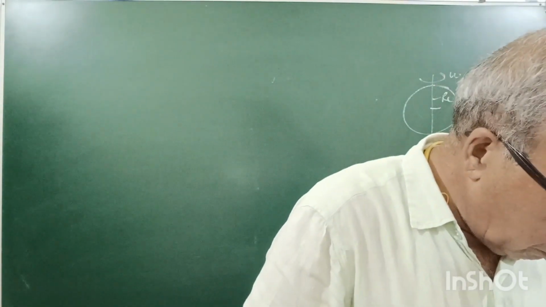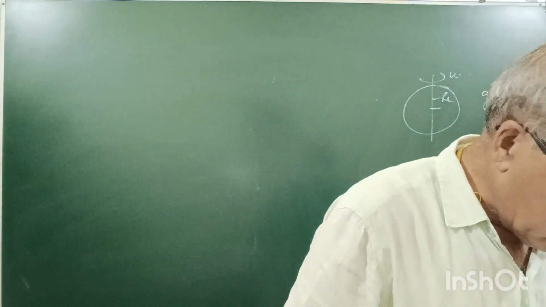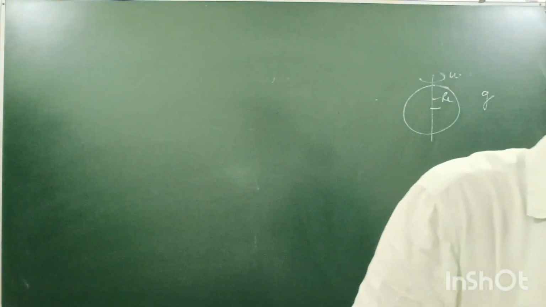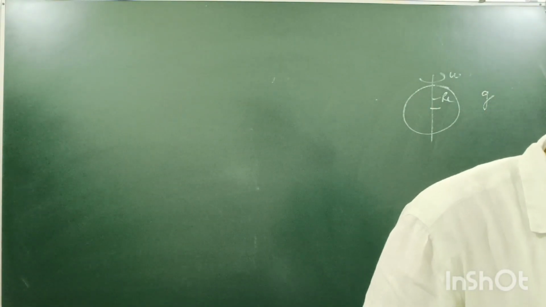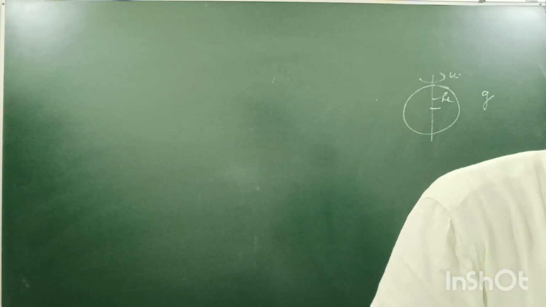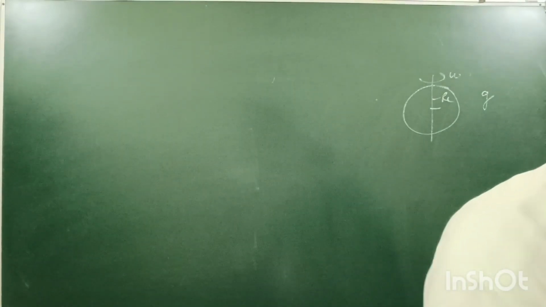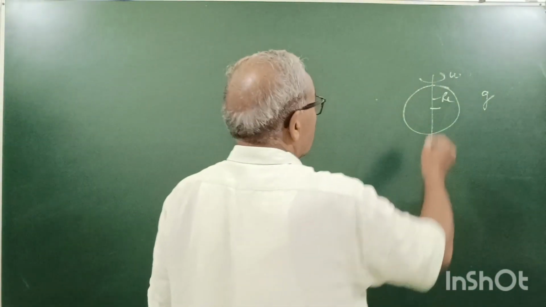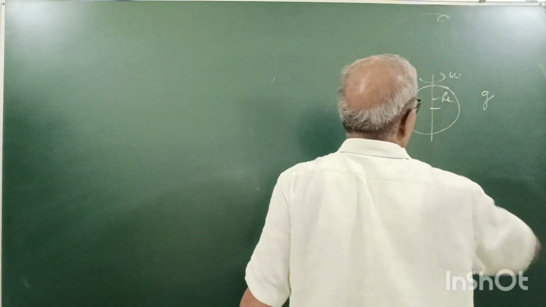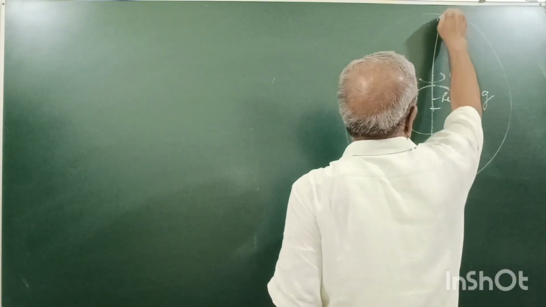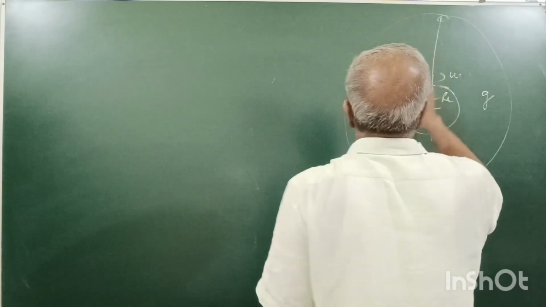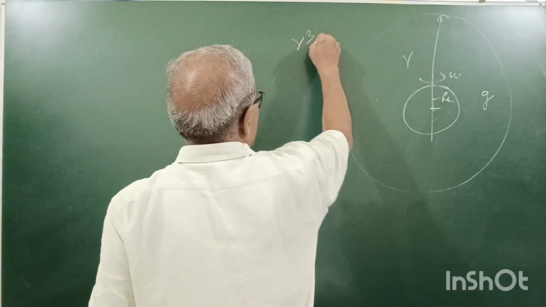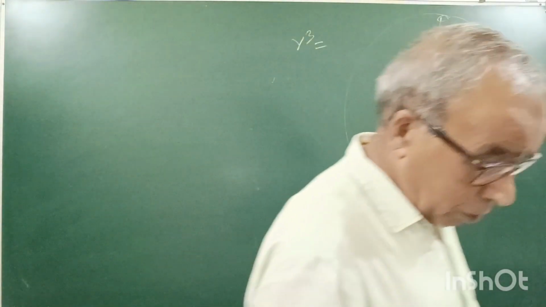The cube of the radius of the geostationary satellite's orbit, that r cube, is equal to which of the options given here.